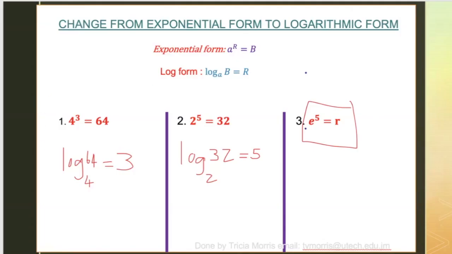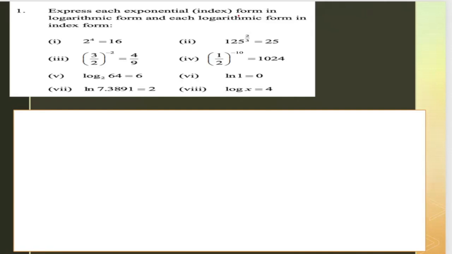Now I'm going to look at an activity where we are going to write in exponential form and log form. Express each exponential or index form, that's another way to call it, in logarithmic form, and each logarithmic form in index form.